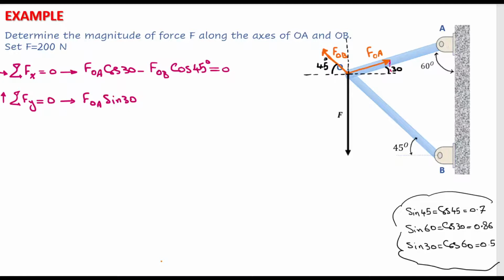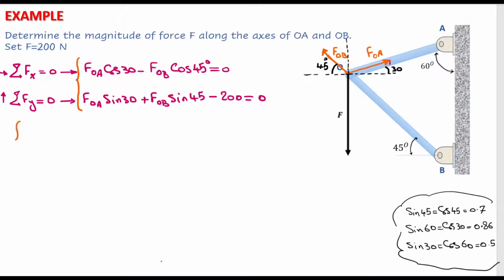And similarly for FOB sine 45 minus F, because F is downward. But as I know the value of F, let's write its value, that is 200 newtons, equals 0. Now you have two equations and two unknowns, a system of equations that you can easily solve.